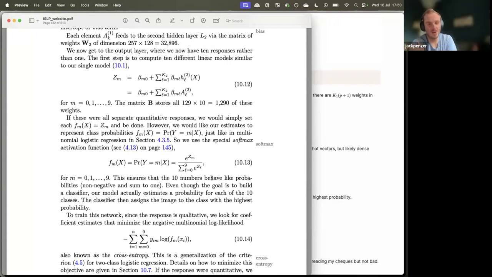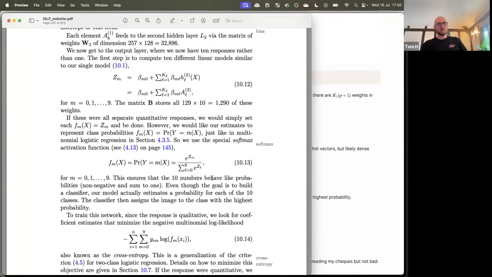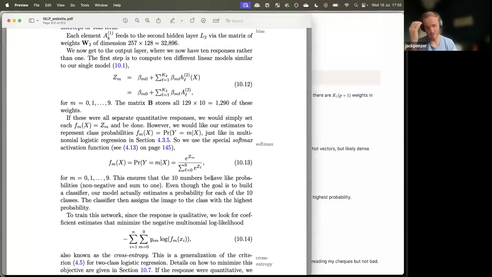I totally agree. It follows the form of a probability. The output aligns with the axioms that are important in probability theory. But interpreting it as what a human understands as a probability, I always find a little bit tough.